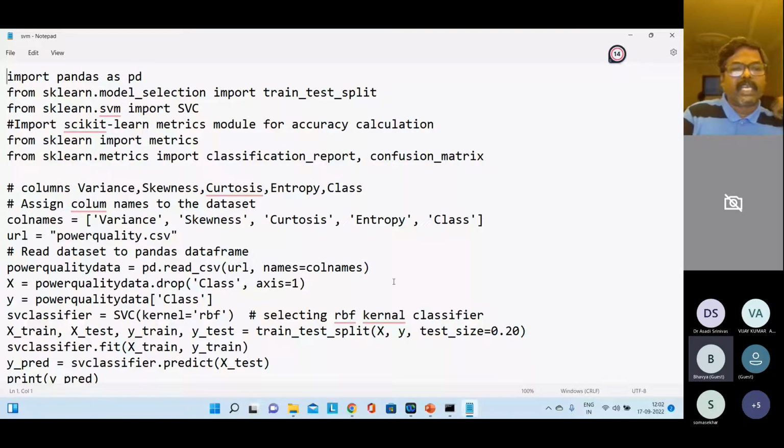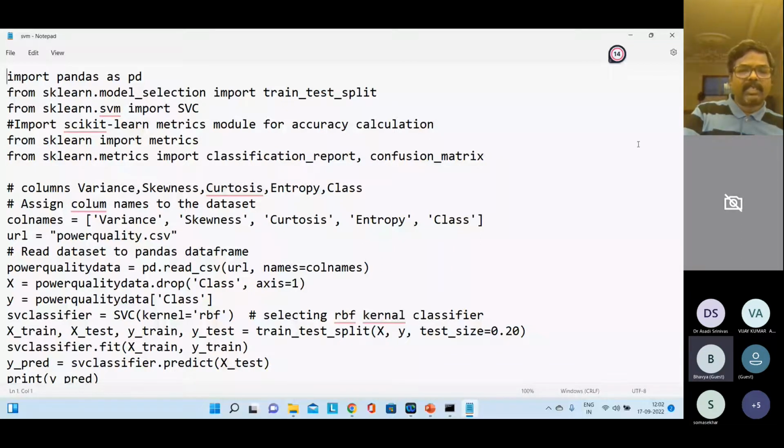I'm taking a power quality data set as a CSV, comma separated variable file format. So here I'm giving it as the input data set. It is going to classify how many users are paying the current bill. It gives 1. How many users are not paying? It gives 0. So that is the application I have developed.